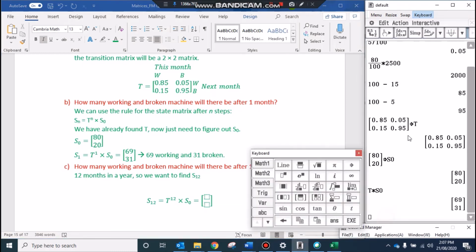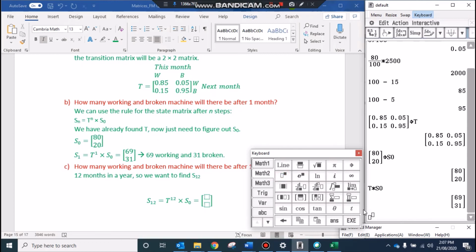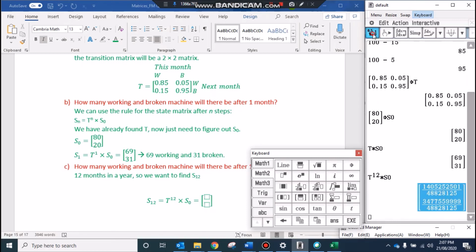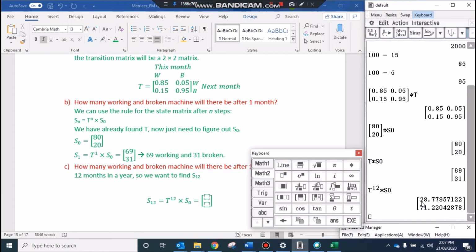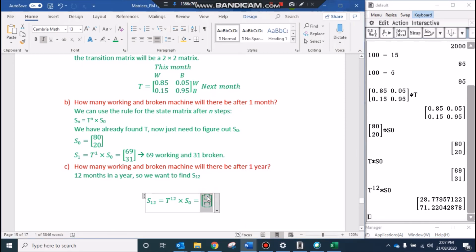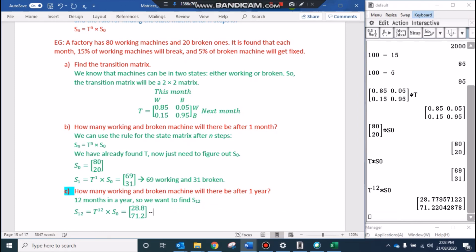Because I've already assigned T and S0 in here, doing that is going to save me a lot of time. So I've got T to the power of 12 multiplied by S0. I'll round to 3 significant figures. So I've got 28.8 and 71.2 at the bottom. What that translates to is 29 working and 71 broken machines.